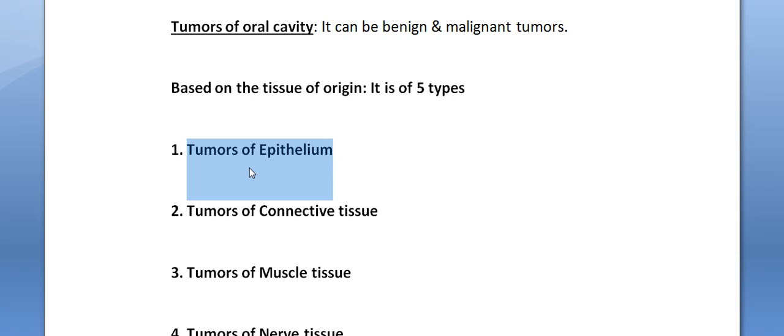Will it irritate the muscle, the nerve, the deep connective tissue, or the superficially lying epithelium? I believe you would have guessed it. It is the epithelium. You must have seen on some cigarette packet or gutka packet a dangerously visible photograph of carcinoma of the oral cavity. It's mainly of epithelium. So we will do the epithelial tumors in detail.